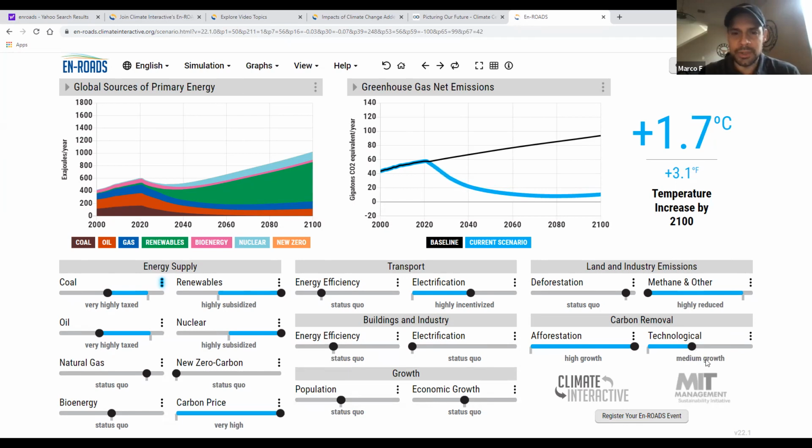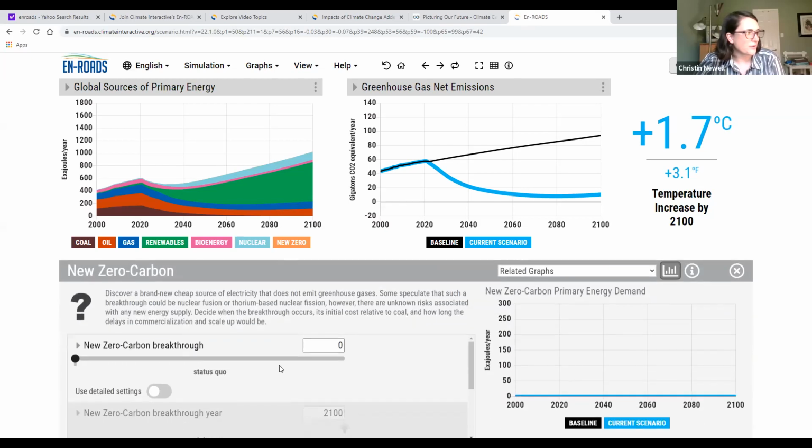I always wondered if there was a high enough price on carbon and enough of an incentive, new technology could possibly be invented to help with that. Does that include possible future innovations? So new zero carbon was a category for that, like we'll discover a new source of energy that doesn't emit greenhouse gases.